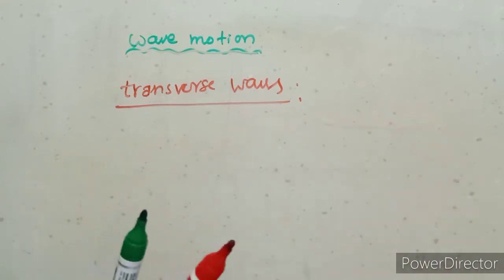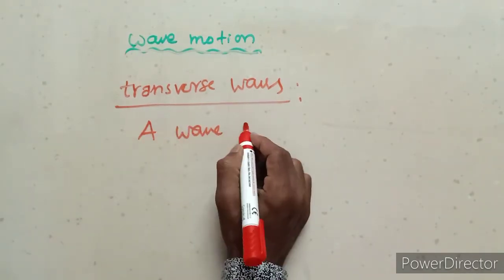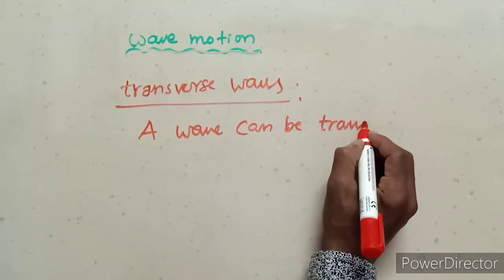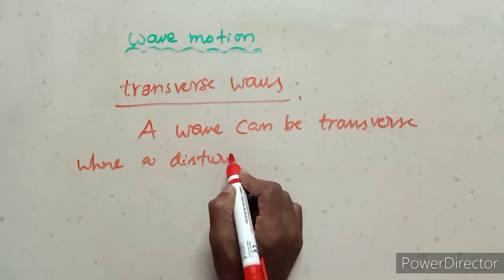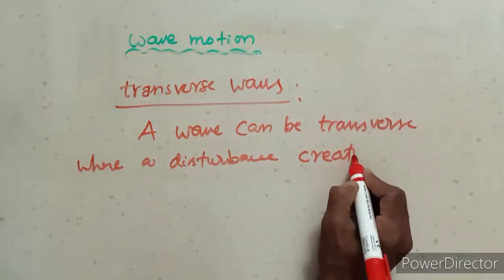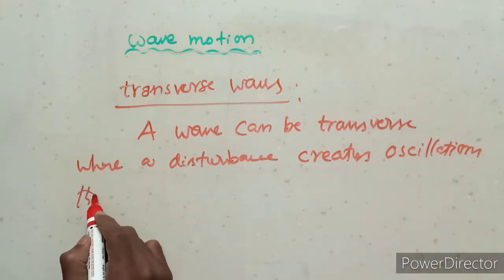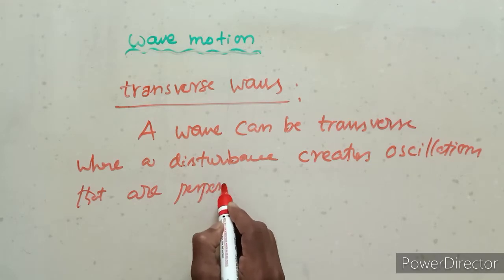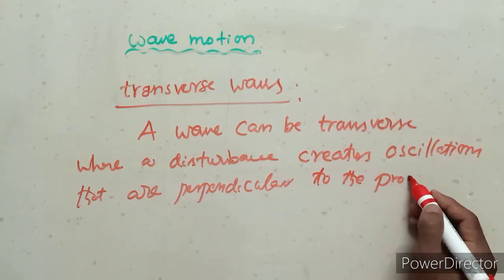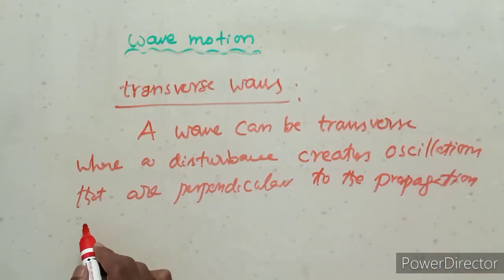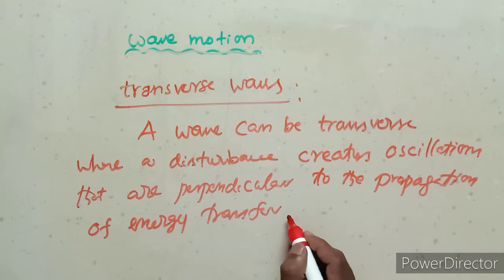So transverse waves means a wave can be transverse where a disturbance creates oscillations that are perpendicular to the propagation of energy transfer.